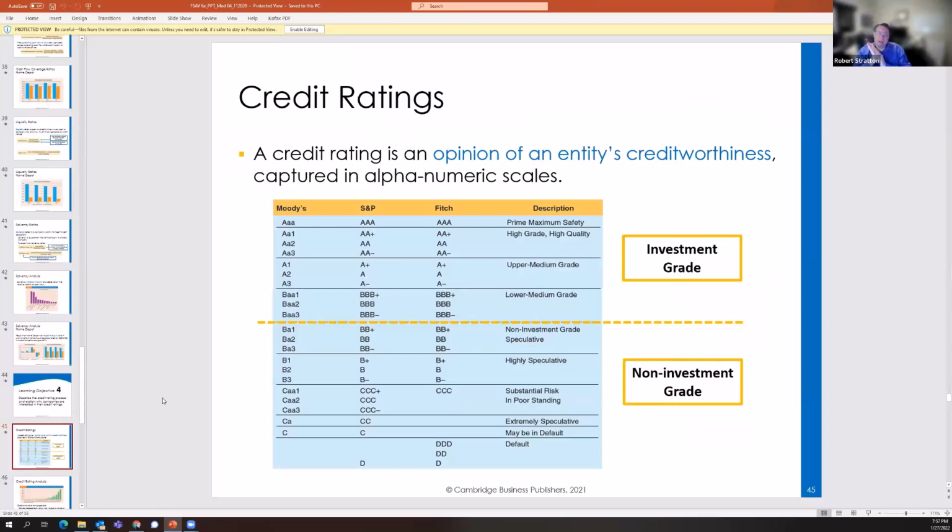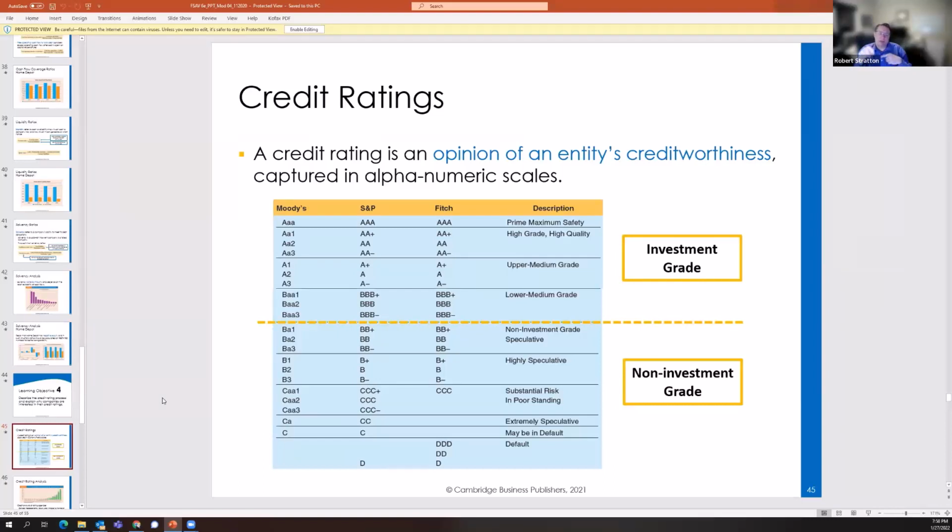There was a lot of controversy back in the Great Recession when it really came out that the ratings were way off. And it turns out they're pretty motivated to give artificially inflated ratings to keep their customers, which are the corporations they're rating.